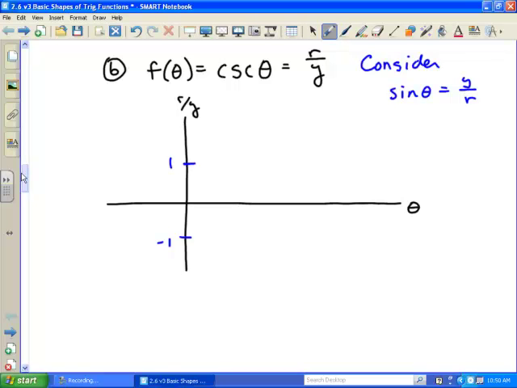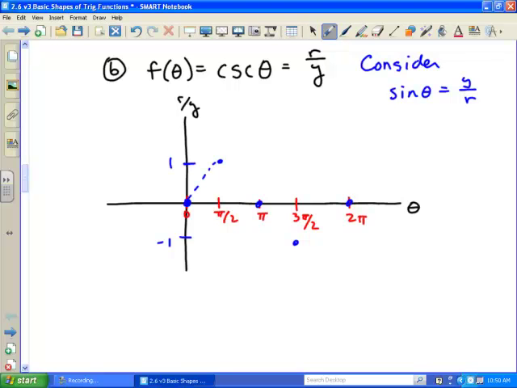The quarter points are 0, pi over 2, pi, 3 pi over 2, and 2 pi. Sine starts at 0, 0. It goes up to 1, down to 0, down to negative 1, and back up to 0.